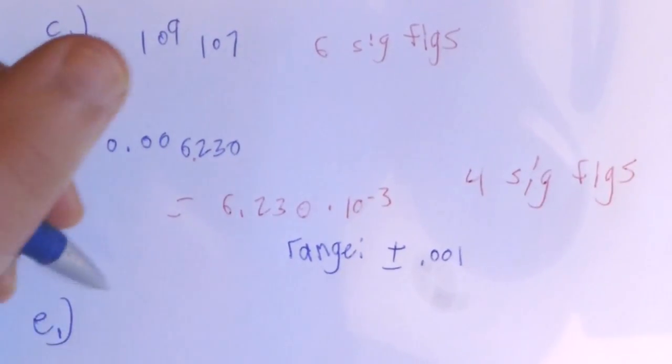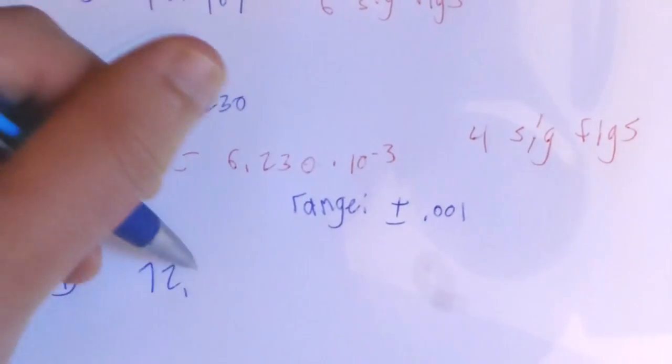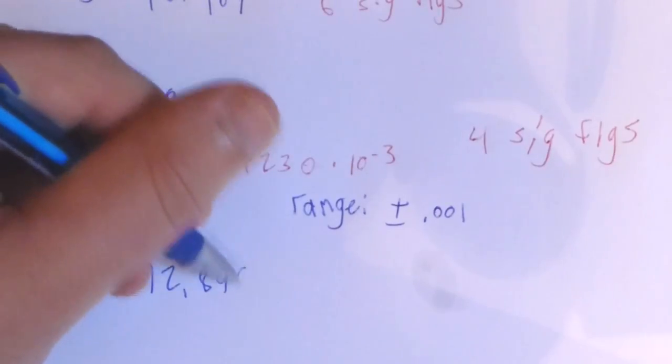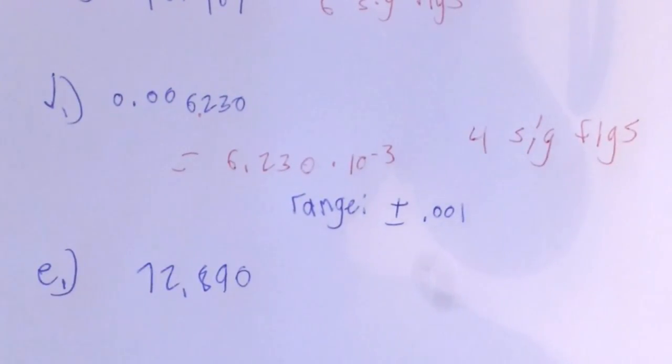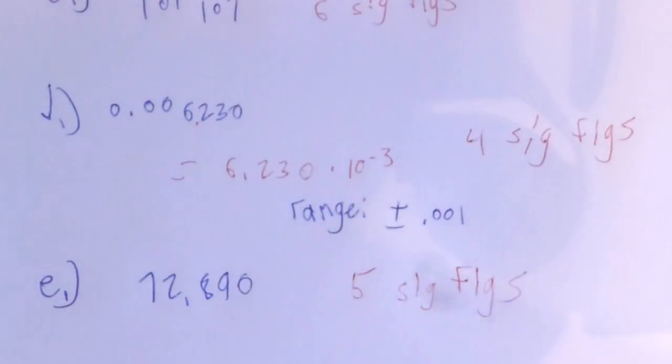One more, guys. Let's try this. 72.890. Now how about that? This has 5 sig figs.